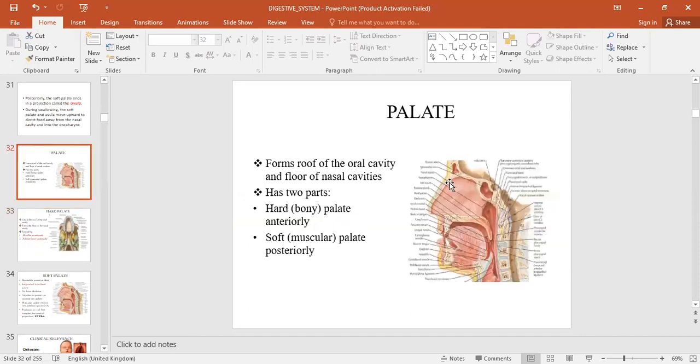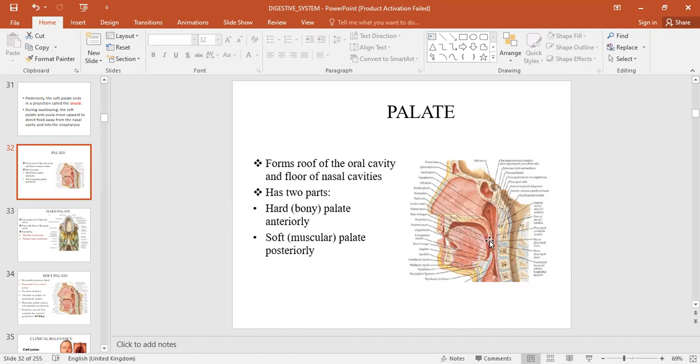Essentially, the palate separates the oral cavity below and the nasal cavity above. So here is the nose, below is the mouth, separated by the palate. And this is the soft palate now. What we have there are the palatine muscles, and then what hangs below is a connective tissue known as the uvula.